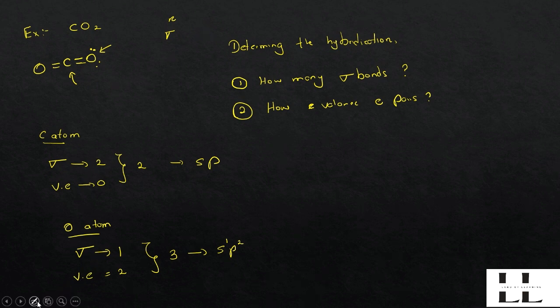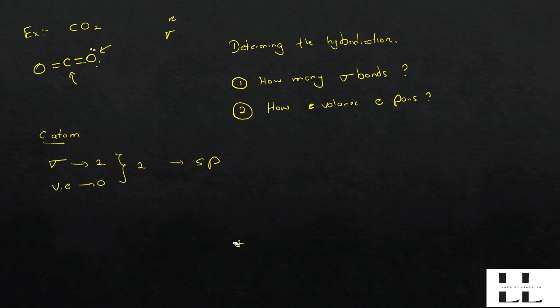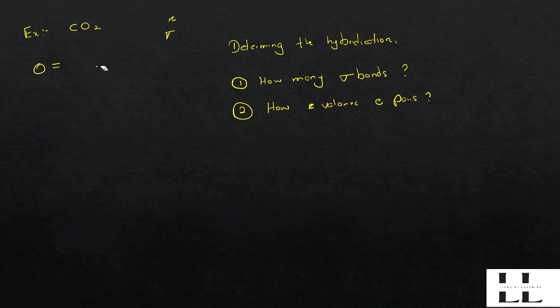So let's take another example. This is pretty easy, right? You just need a few examples to practice, and then it's pretty easy. So here we go. Let's take a little bit more complicated one. Let's take nitrobenzene.